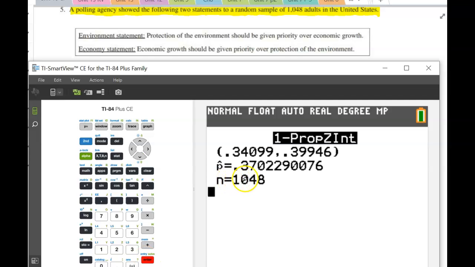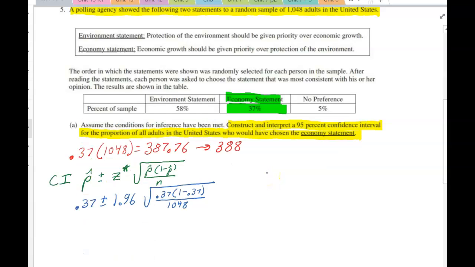Now notice that p hat is slightly different than 0.37 due to rounding error, and I'll talk about that in a second. So the confidence interval the calculator gives me is 0.34099 and then 0.39946. Now, if you wrote 0.37002, I would accept that.